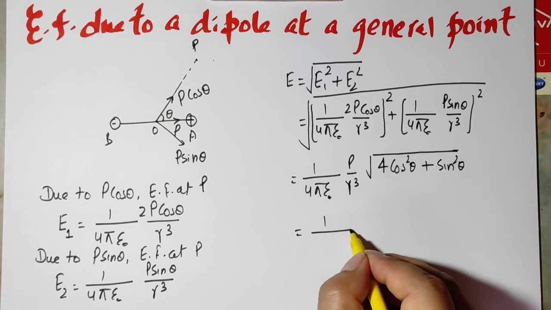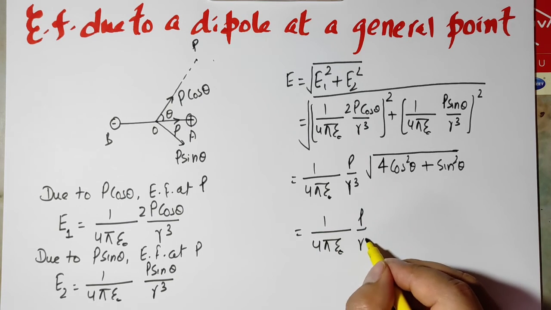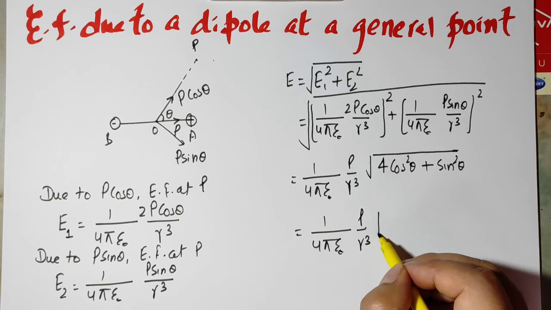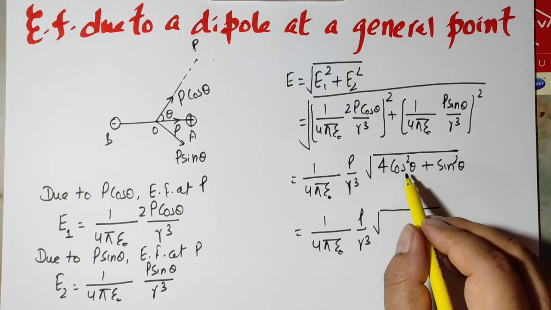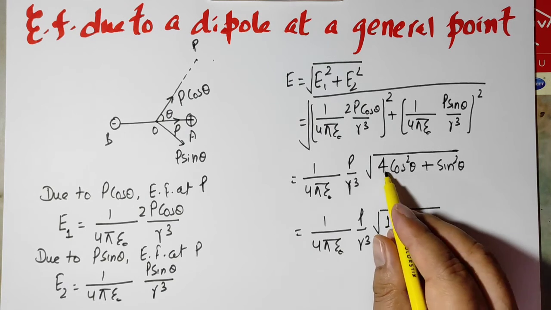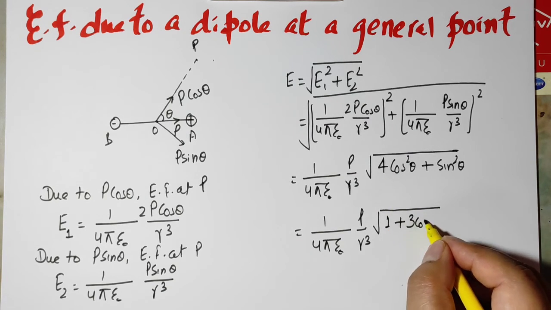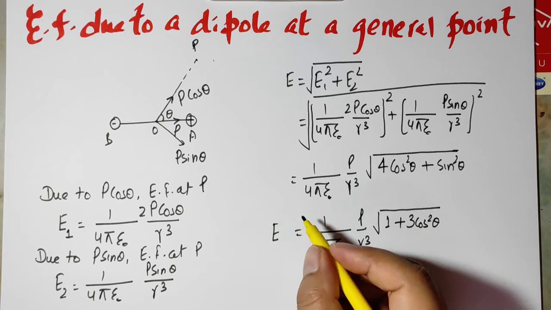Okay, and it is 1 upon 4 pi epsilon naught p upon r cube. Now keep in mind, sin square theta plus cos square theta is 1. So this is 1, and we have 3 cos square theta. So this is E at a general point.